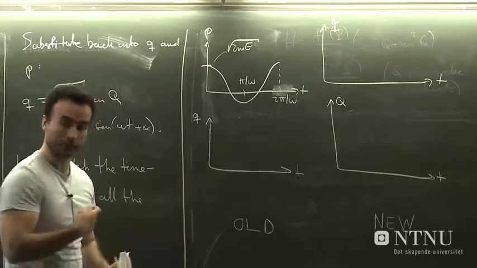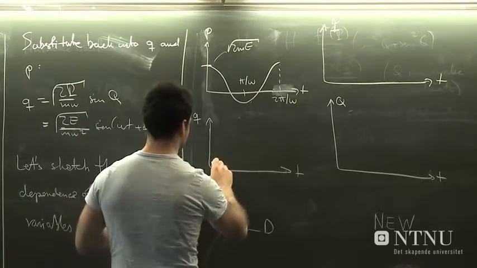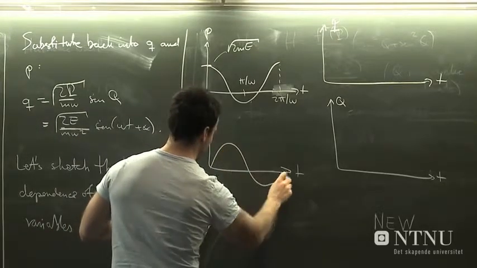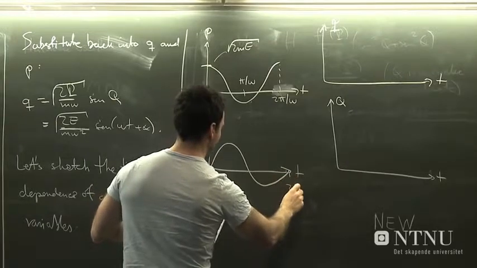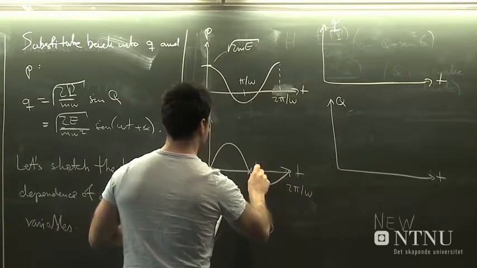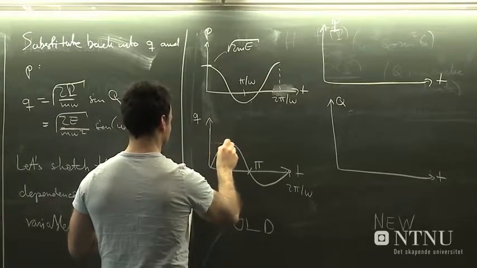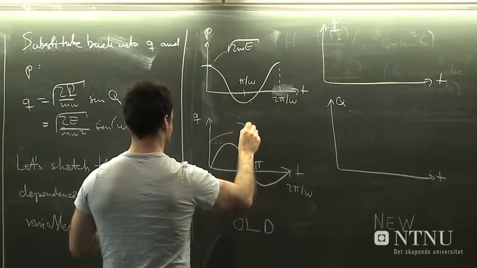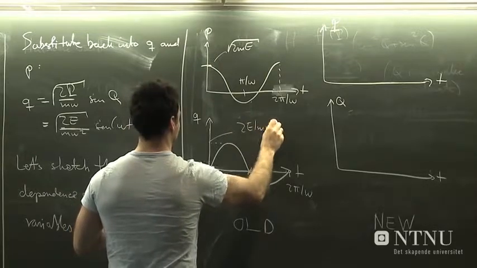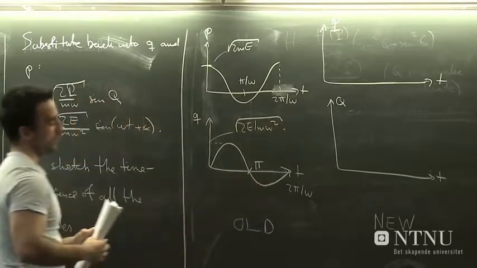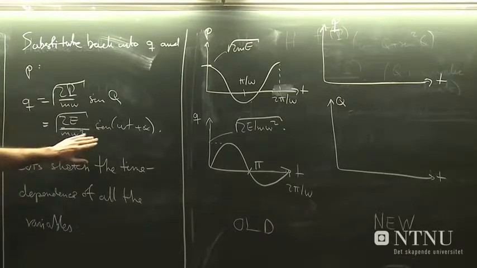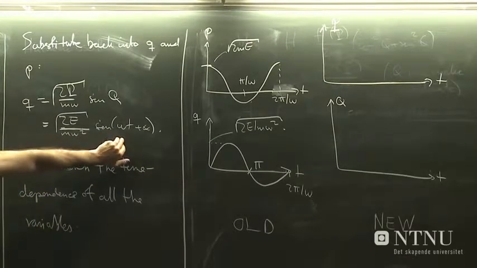Similarly, for the position coordinate, we know that it looks like this, so just assume that alpha is 0 here.